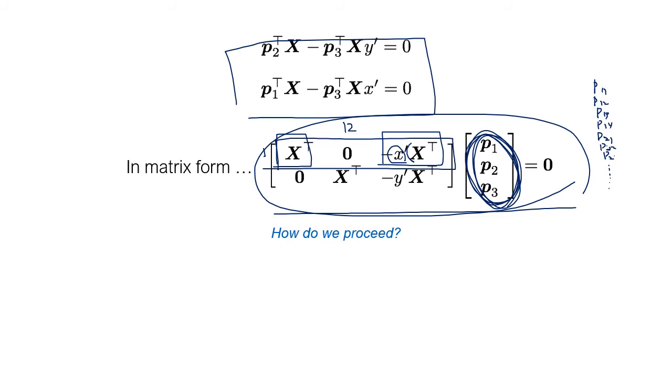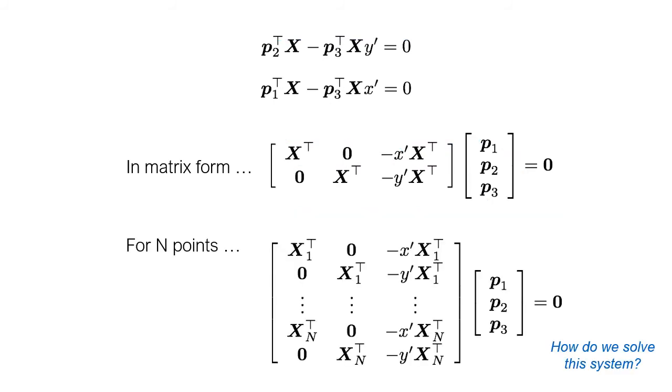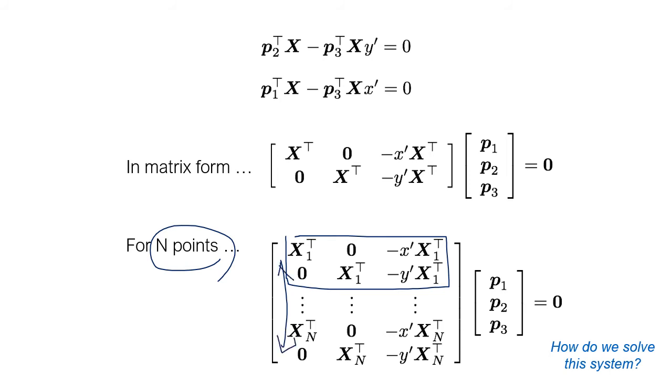So how do we proceed from this equation? When you have n points, we can stack all the points as shown here. For a single point, we have this equation, so with n points, we have 2 multiplied by n rows, right?